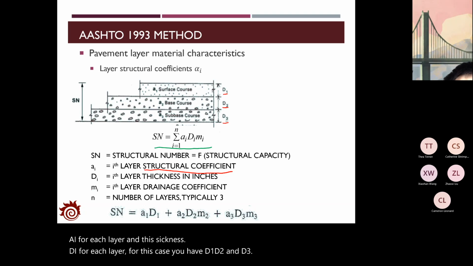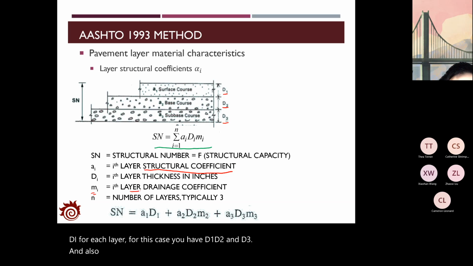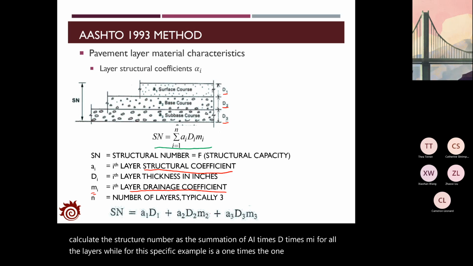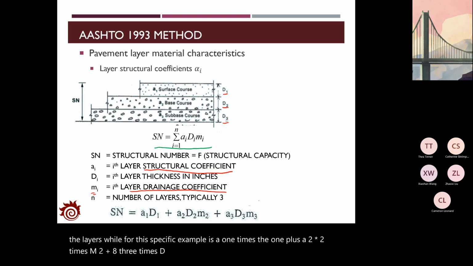And also you know the MI, which would be the drainage coefficient. With that, you can calculate the structural number as the summation of AI times DI times MI for all the layers. For this specific example, it's A1 times D1 plus A2 times D2 times M2 plus A3 times D3 times M3.